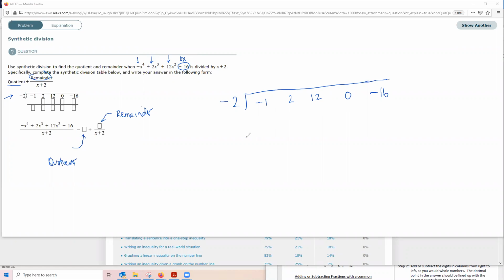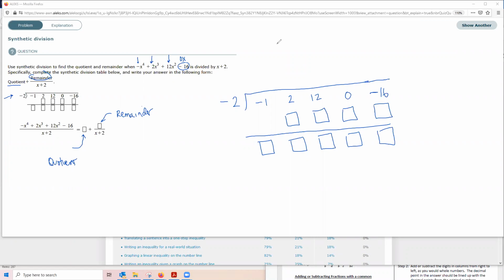All right, so here's what they're asking me to do. They're asking me to fill in these boxes. All right, let me explain how to fill in these boxes. And once we do that, we'll be able to come up with the answer that they're looking for, the quotient and the remainder. And just to let you know ahead of time, whatever number shows up in this bottom box is going to be the remainder.